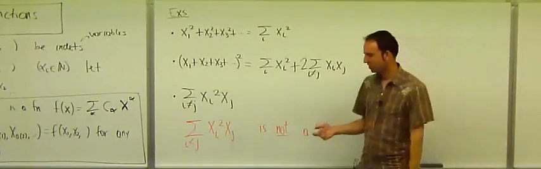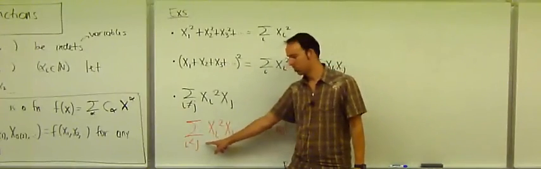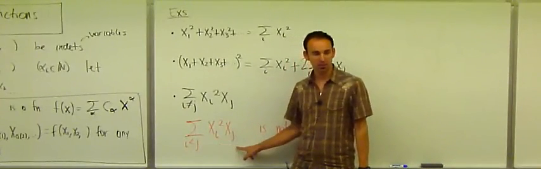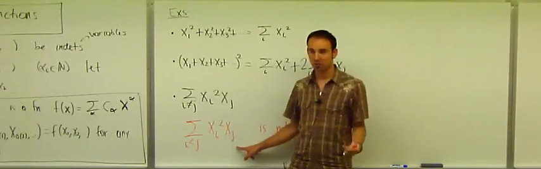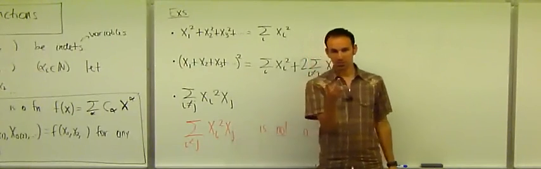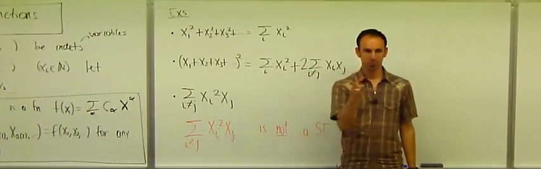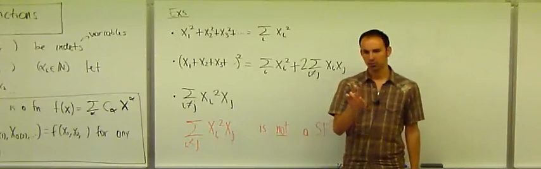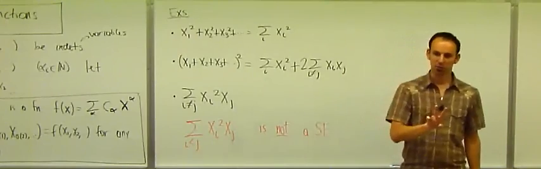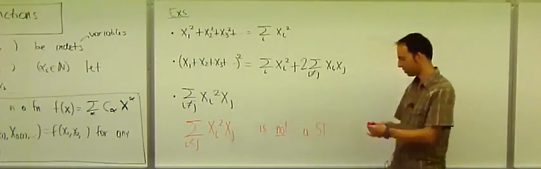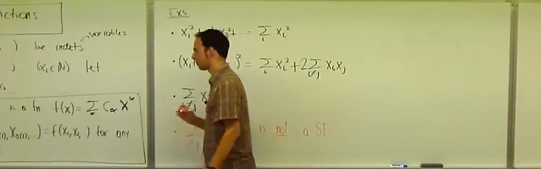For example, let's look at the numbers 2 and 3. The monomial x2 squared x3 appears here, but the monomial x3 squared x2 does not appear here. Okay? And that's a permutation, the permutation that leaves everything fixed and switches the numbers 2 and 3. And so in a symmetric function, if x2 squared x3 appears, if it's symmetric, x3 squared x2 should also appear. And here it doesn't. Okay? And so this is a non-example.